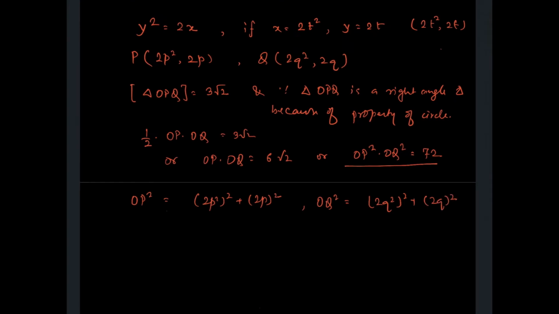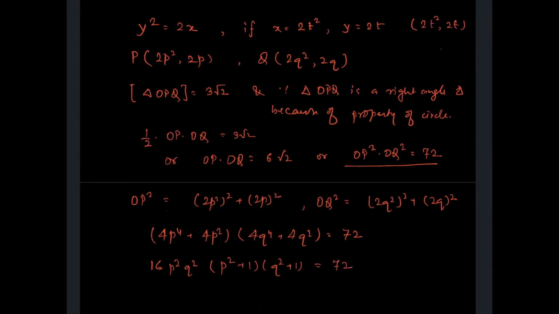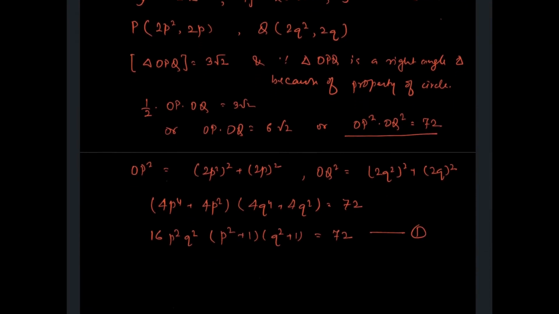Now we will put that in, so you will get (4p to the power 4 plus 4p square) into (4q to the power 4 plus 4q square) is 72, and 16 p square q square (p square plus 1)(q square plus 1) is 72. Remember this equation.